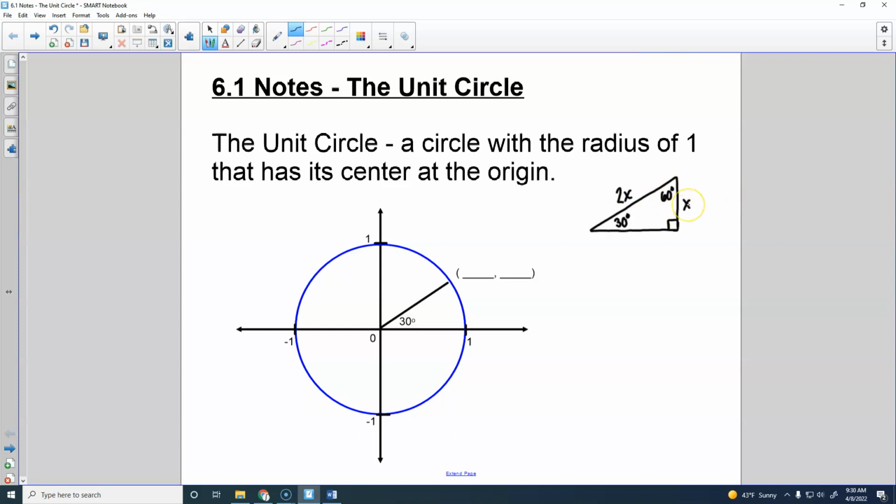And if you know the shortest leg for this side right here, the longer leg is going to be the square root of 3 times x. There's a chance you may have never done that shortcut.